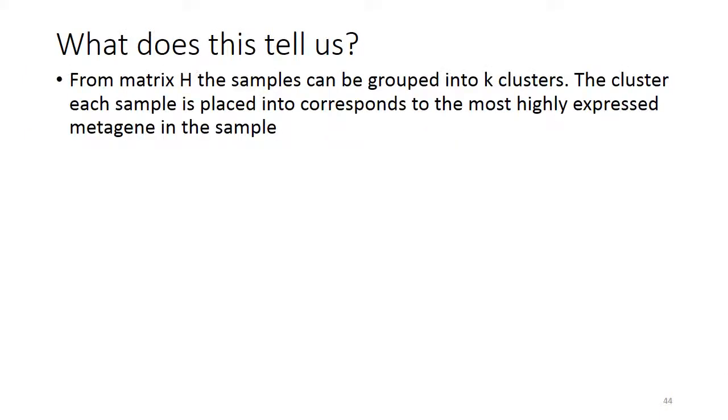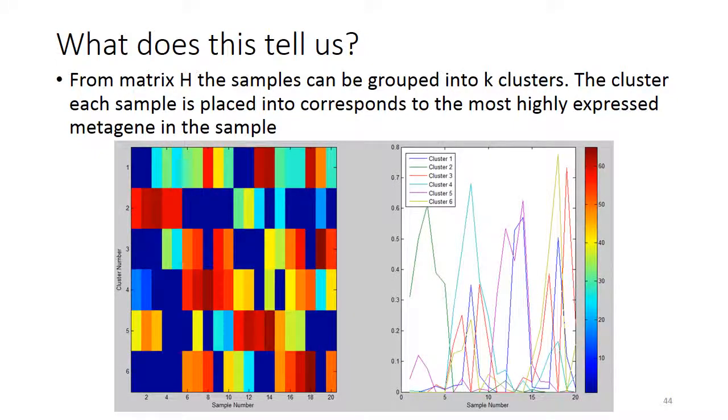So what does this tell us? For matrix H, the samples can be grouped in K clusters, and the clusters of each sample are placed into corresponding clusters depending on which metagene or pattern is most highly expressed in the sample.